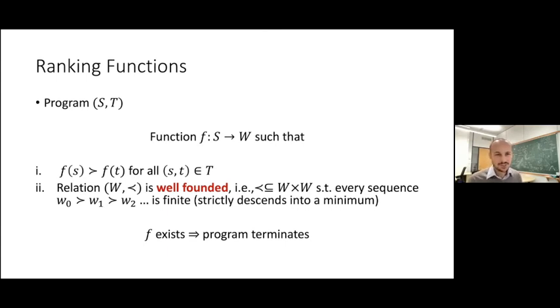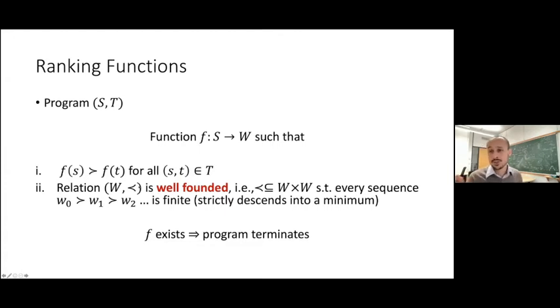Okay, so this means that we have this function that maps a state into some other set. And we want that every time there is a transition, there is a descent, we are descending along this set. So we have a set and an order here, and a mapping that satisfies this, and it is well-founded.